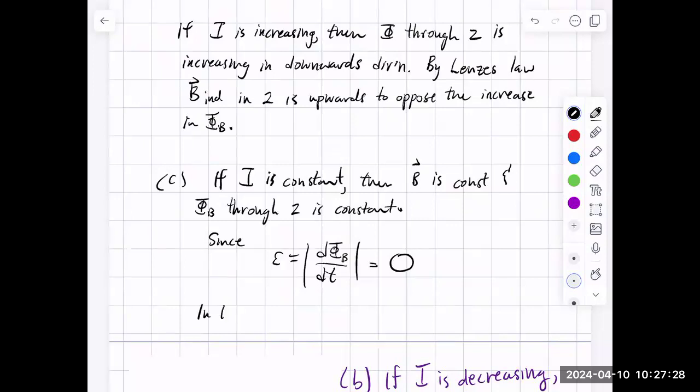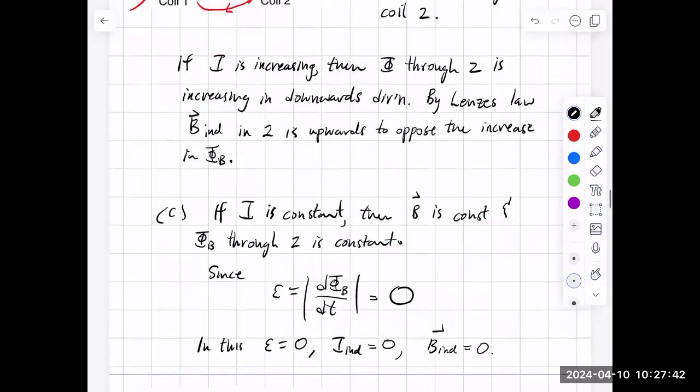And so in this case, the induced EMF is equal to 0, I induced is equal to 0, and B induced is equal to 0. So we need a changing magnetic flux to induce a voltage, current, and magnetic field. Okay, good. So let's do a second example.